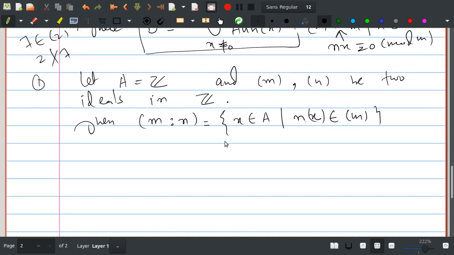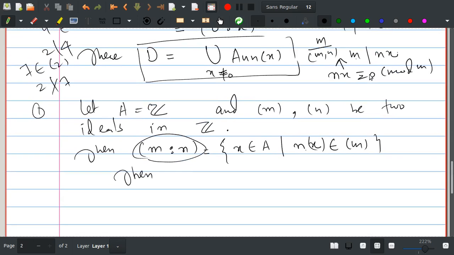This being an ideal of Z means this is also a principal ideal, so it is generated by some element. Now the smallest positive integer which is in this ideal will be the generator of this colon ideal here.